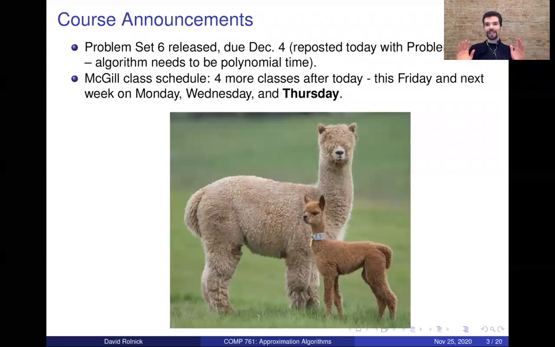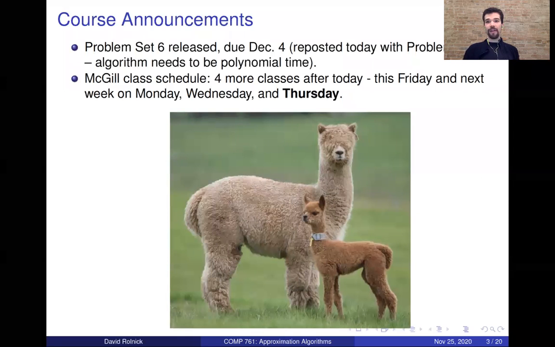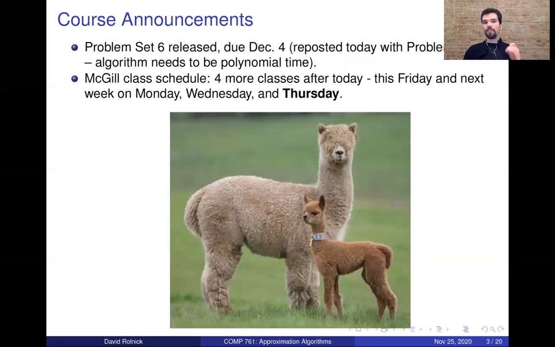That is the only change: in problem 5, you should be finding a polynomial time algorithm. And then a clarification about the way the class schedule works at McGill. There will be 4 more classes after today. They will be this Friday, next week on Monday, Wednesday, and Thursday. Thursday is on a Monday schedule.